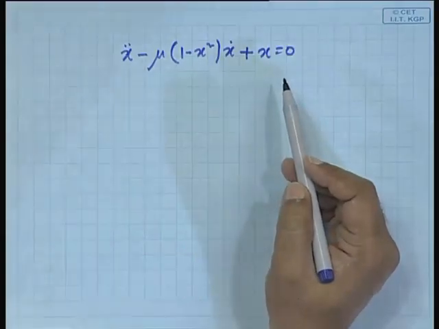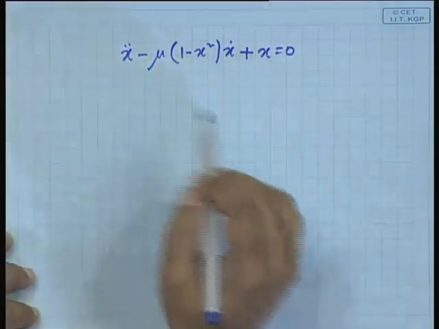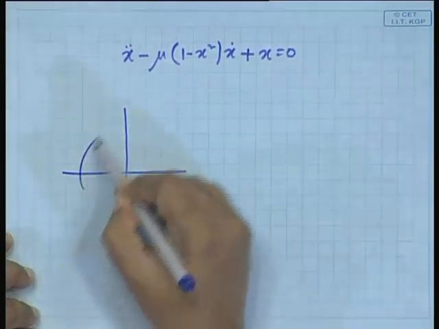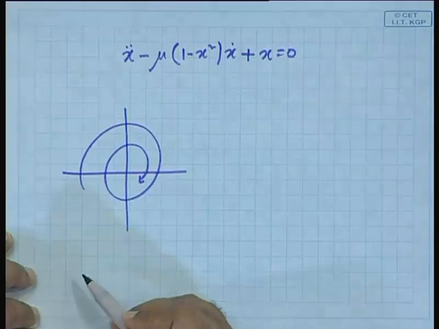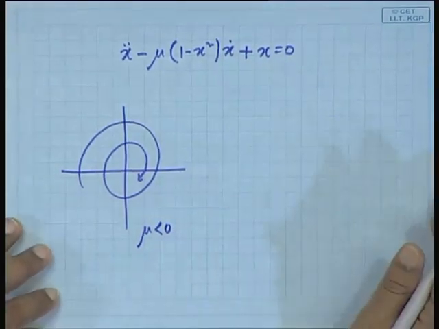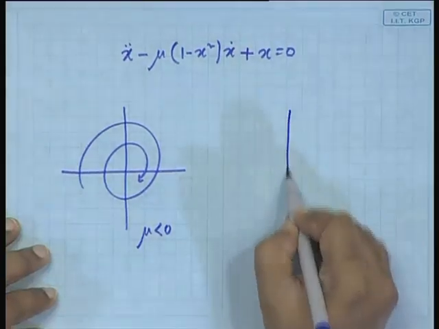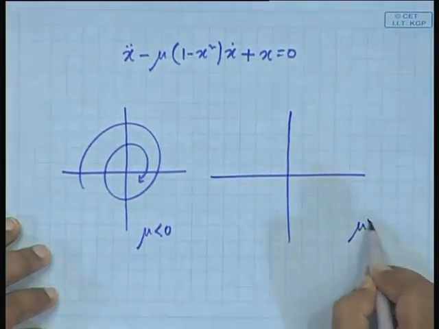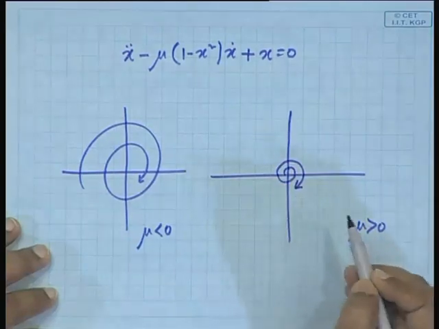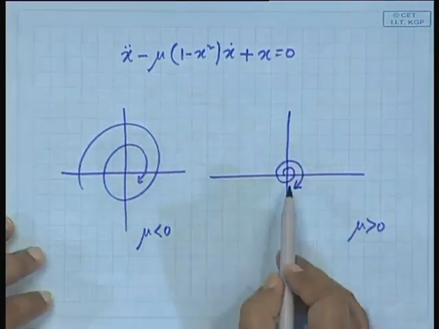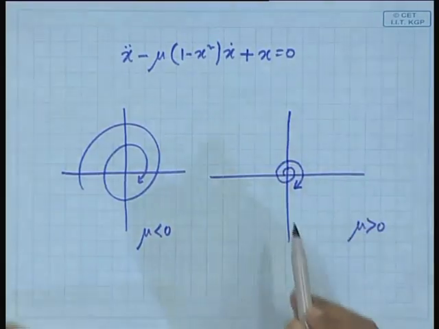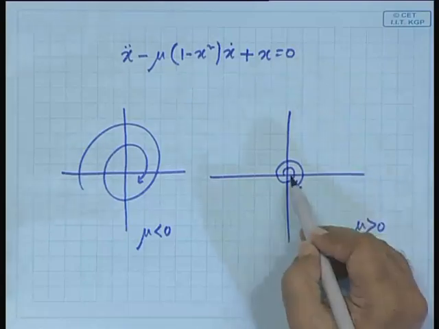We had concluded that for mu less than 0, it will be an orbit something like this. For mu greater than 0, it would be locally like this, but that is a local linear approximation which might not work, there is no reason to believe that it will also work elsewhere.